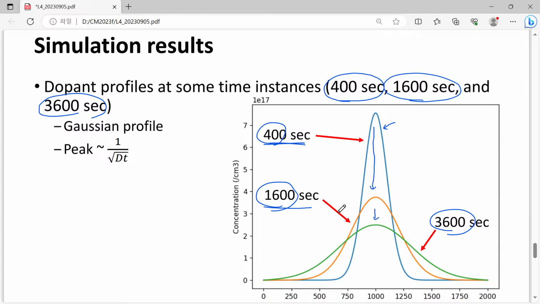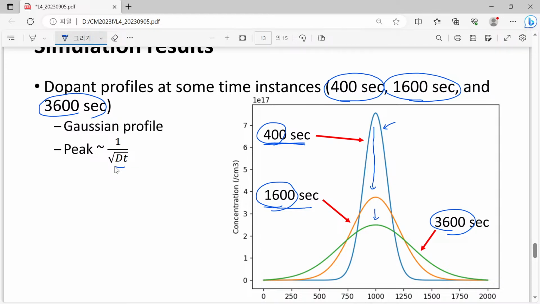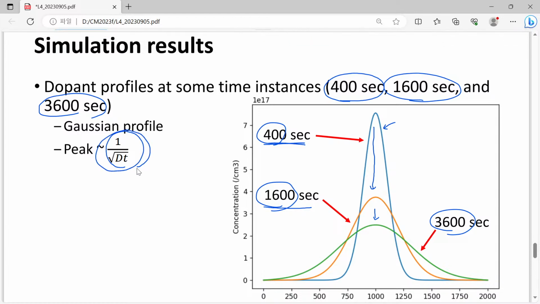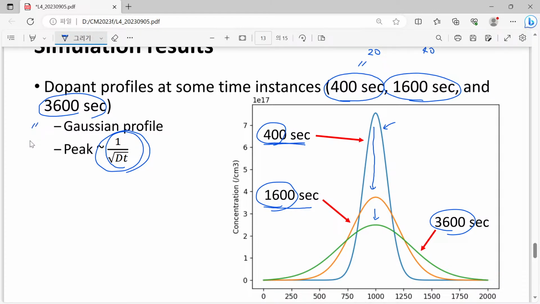And the analytic solution suggests that the peak is reduced as 1 over the square root of time. That's the reason why, if we take this one, this corresponds to 20, this corresponds to 40, and this is 60 when we take the square root of t.